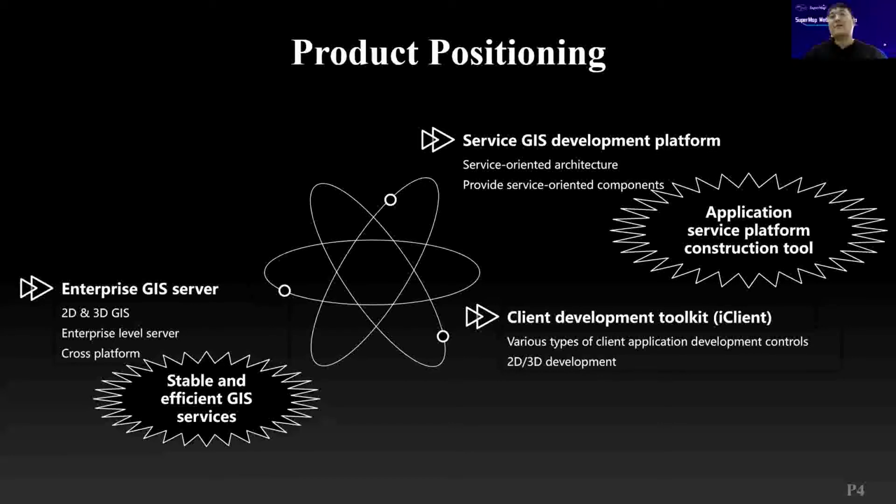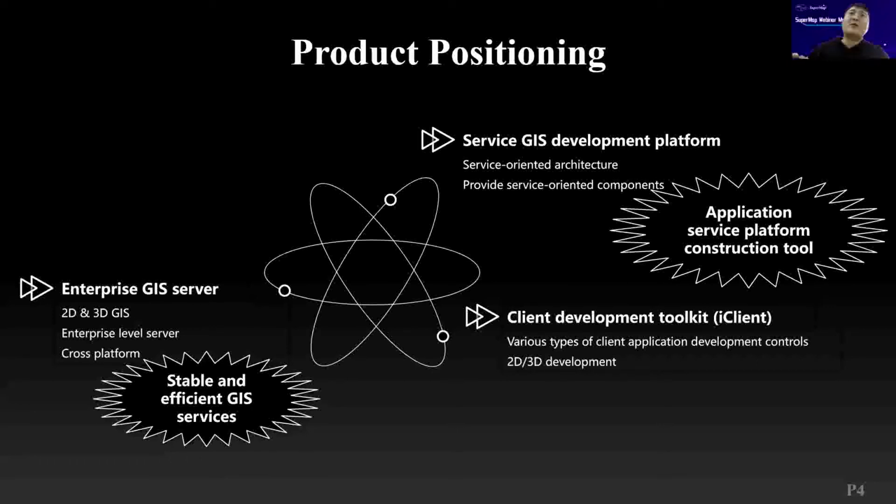And the third one, iServer also has the client development toolkit, and we call this toolkit iClient. That means iServer publishes the data as a service, but this service is very hard to be used by the clients directly. Later I will show you what the service of iServer is.